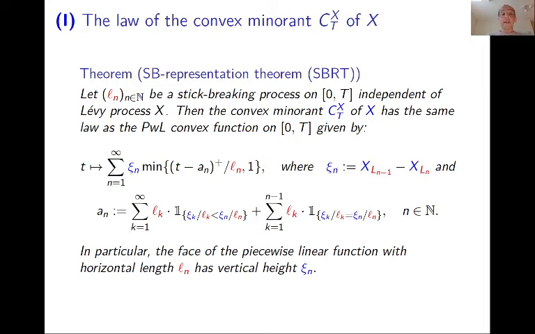Now the indexing of n is not chronological, of course, but this formula still makes sense, and these terms are active when time t is between a_n and a_n plus l_n. This is just taking these terms and ordering them according to slope.